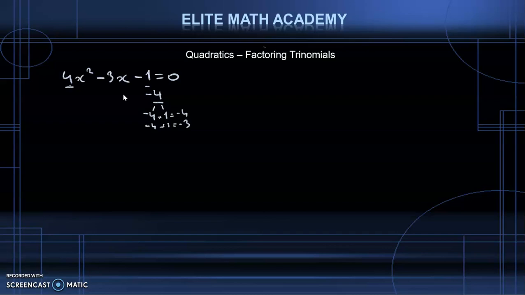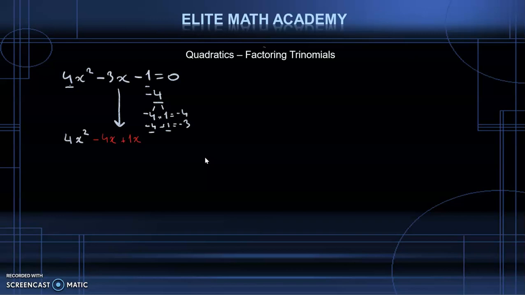So here are our options. Using these numbers, we will have to break down the 3x into two parts. The first term, 4x squared, will stay the same, but we will rewrite the middle term as minus 4x plus 1x.